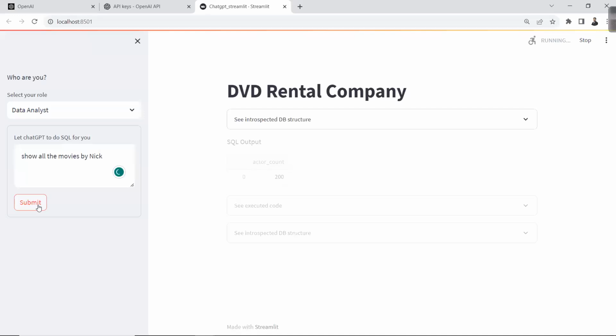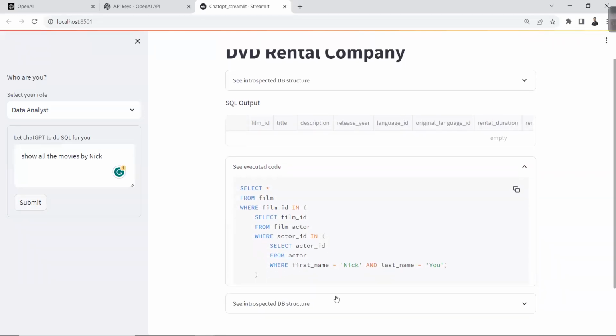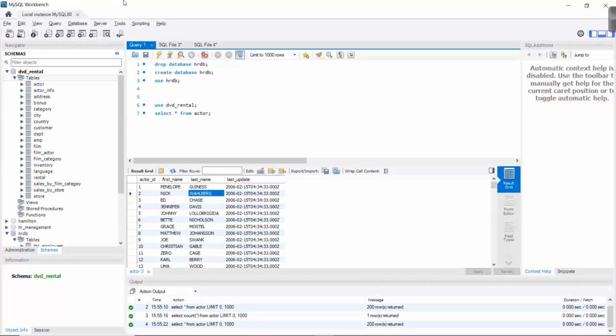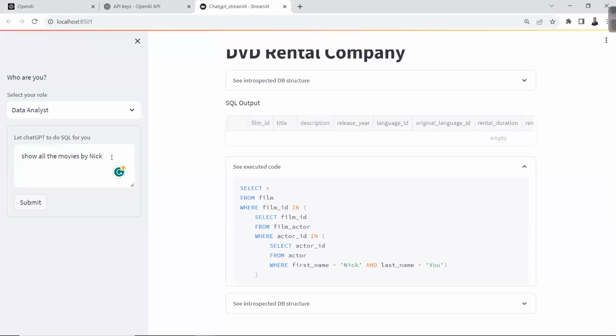It will hit the database and give me the output. Here you can see it is hitting this query. It's taking the last name as you, so I have to just change that. This is the last name, Nick, so I'll just pass that. Let's see what happens.